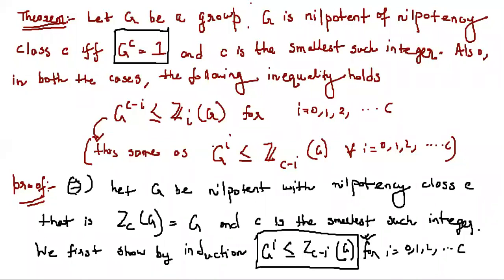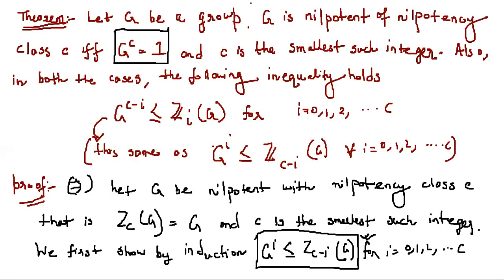So let's write down the proof of G_i is a subgroup of Z_{C-i}(G), by induction.